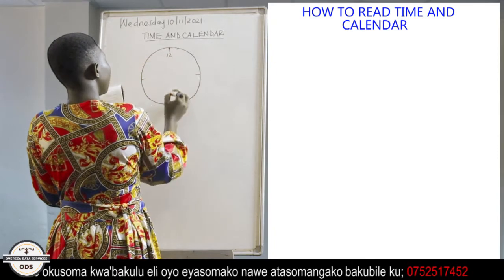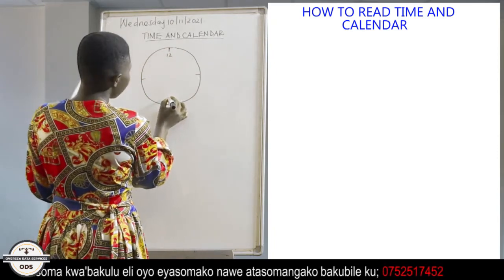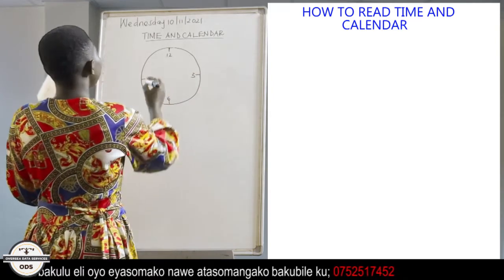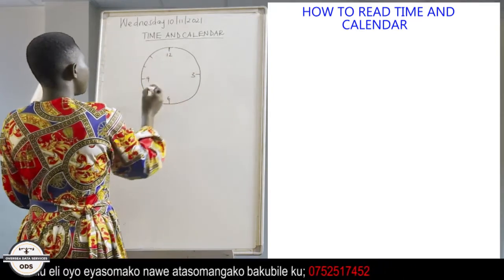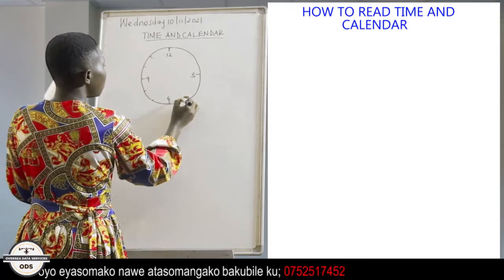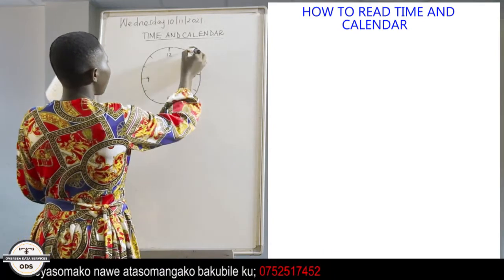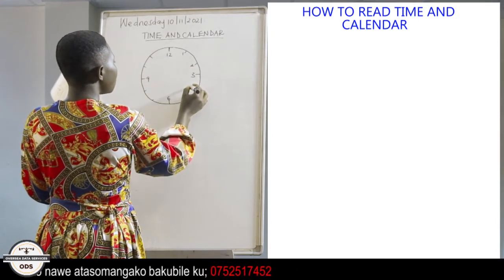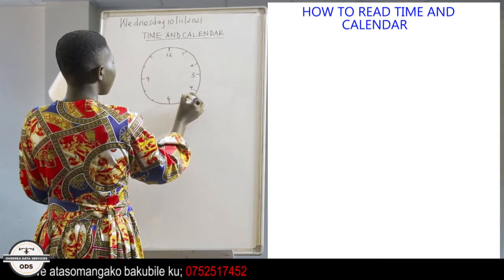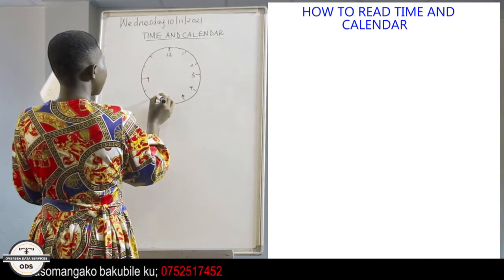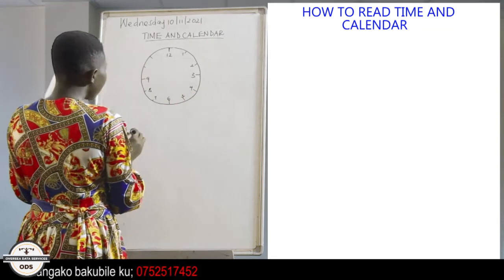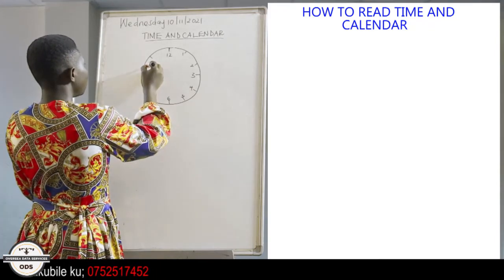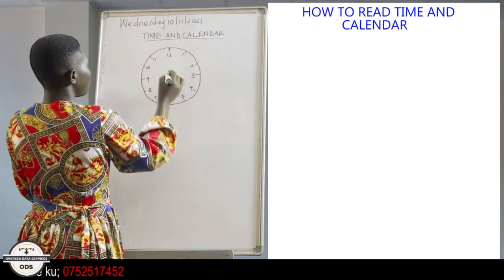Here we have 12, and here 6, we have 3, we have here 9, and in between these ones we have marks. Here we have 1, here we have 2, here 4, here we have 5, here 7, we have 8 there. We have 10 and 11.